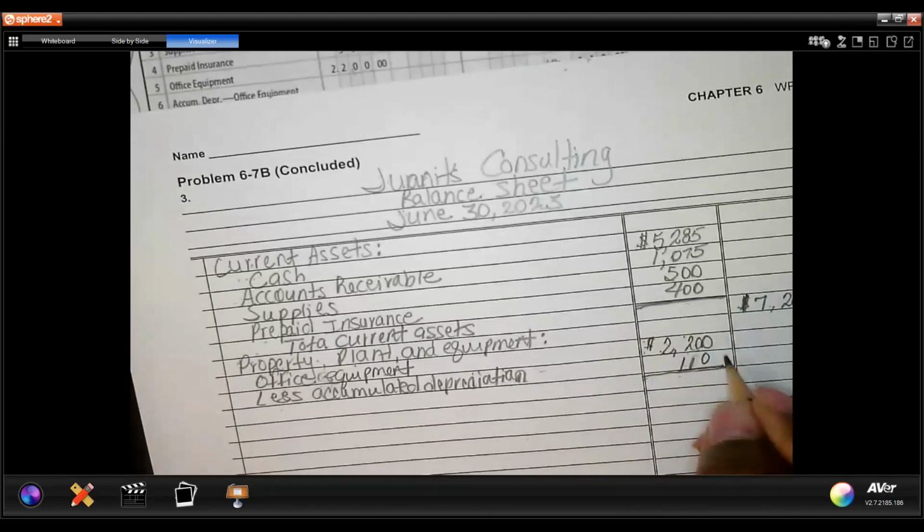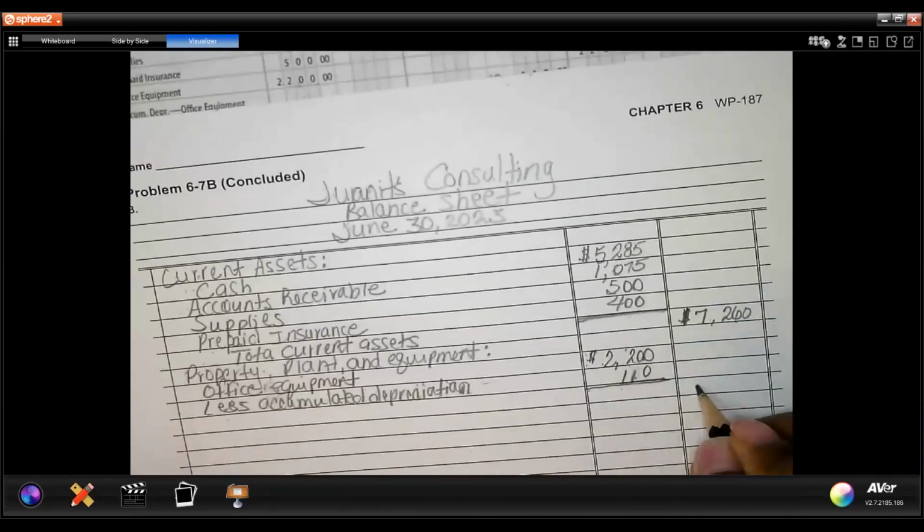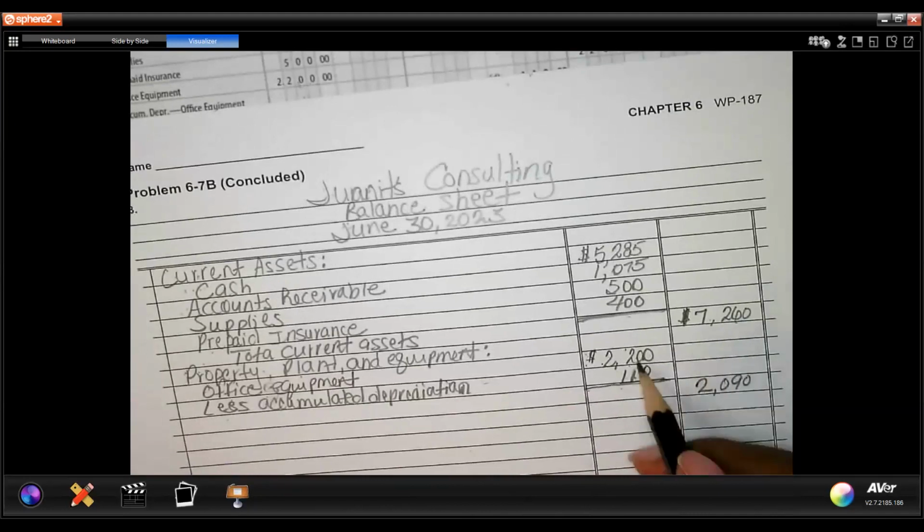We accumulated $110 so far. So therefore, our new balance on that equipment is going to be $2,090. So we had to subtract the accumulated amount, so we can show what our new balance is, as far as how much more we need to deduct over the period of the asset.